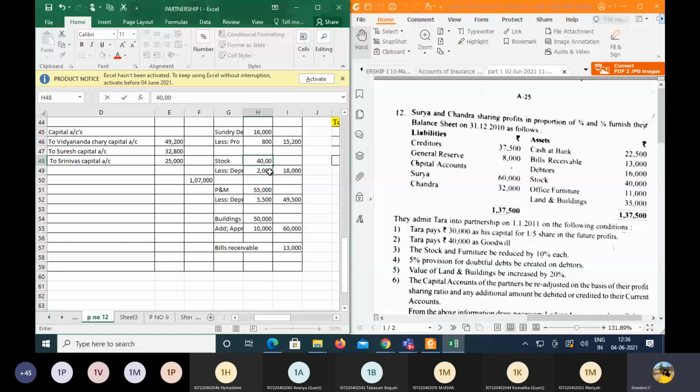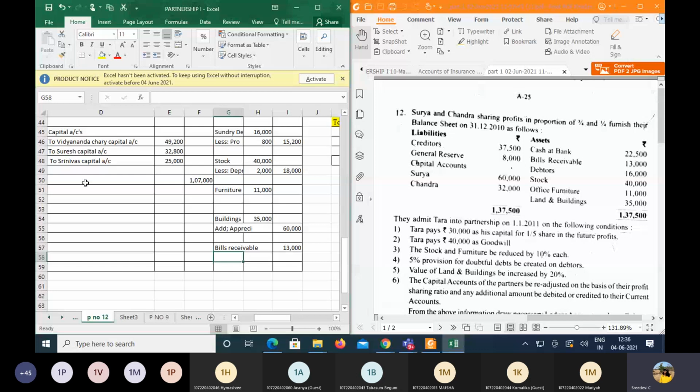Let me even take furniture. We don't have plant and machinery here. Furniture is 11,000. Buildings here was 35,000. So: cash, bills, debtors, stock, furniture, land and buildings.